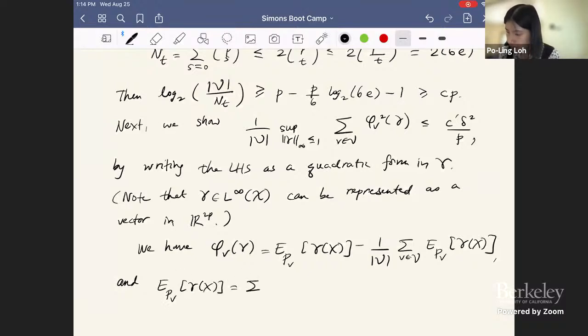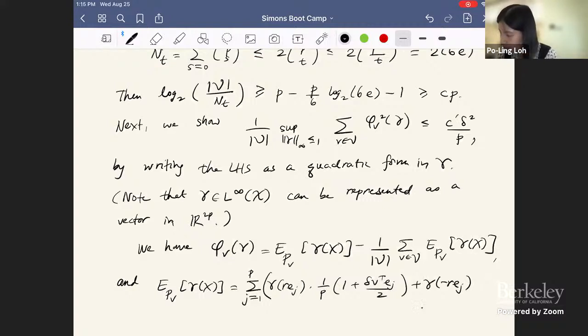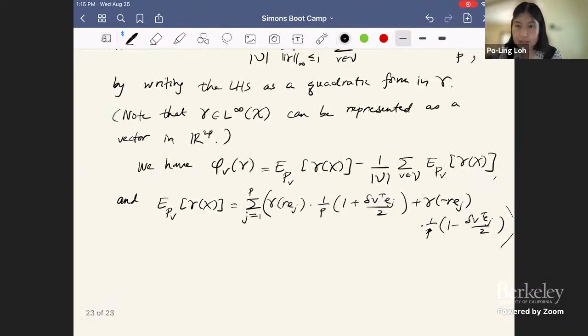It's the sum over j from 1 to p, just by directly writing out what it means to be an expectation. The value is either r e_j or minus r e_j. The probability is 1 over p times (1 plus delta v transpose e_j over 2) times gamma of r e_j, plus 1 over p times (1 minus delta v transpose e_j over 2) times gamma of negative r e_j. This is just by directly writing out what this is.